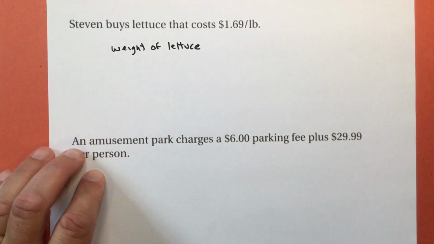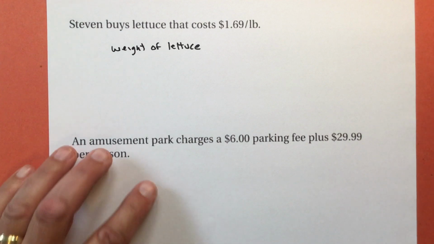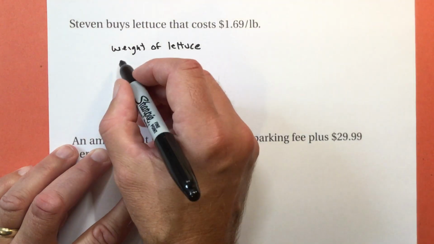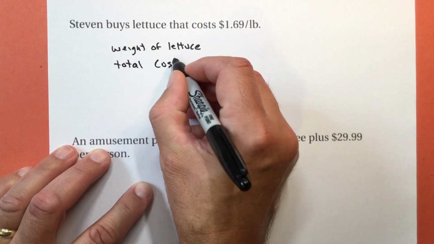If you buy produce, the clerk at checkout will put it on a scale, and the register will tell how much it weighs, and therefore how much it costs, which is the dependent variable, the total cost of the lettuce.